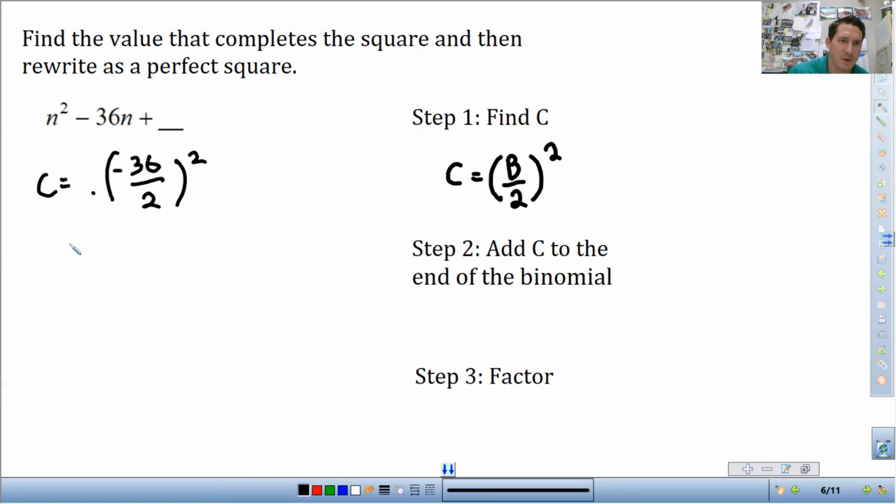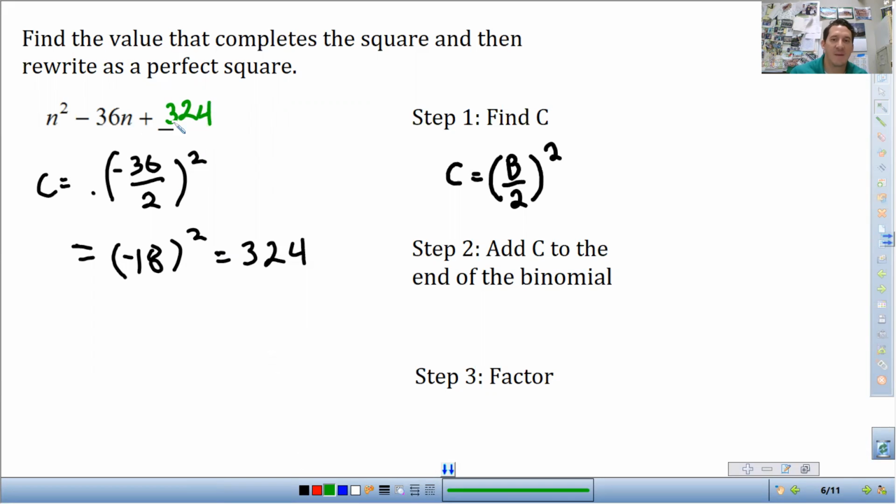Negative 36 divided by 2 is negative 18, squared. Negative 18 squared is 324. So c is 324, and I would add that to the end here.